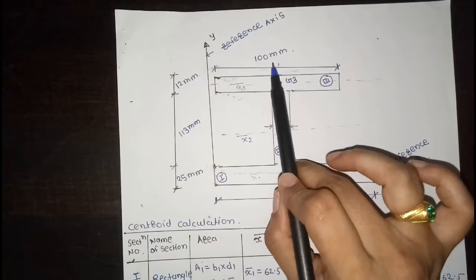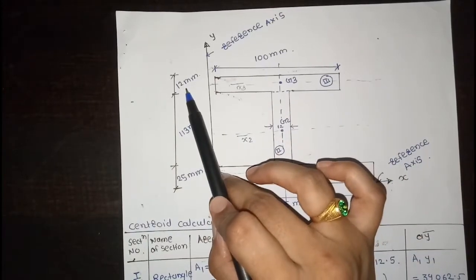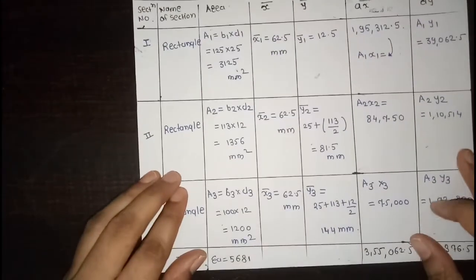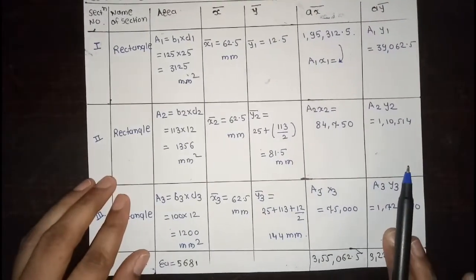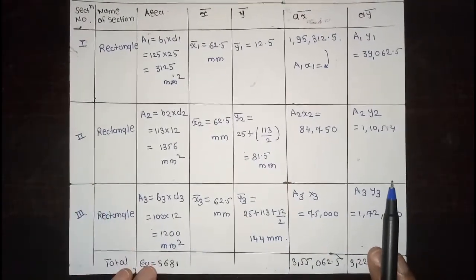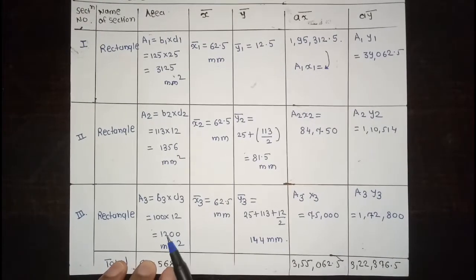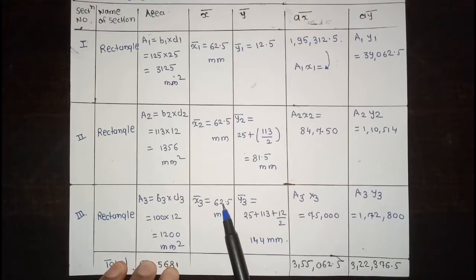So what is the value of b3? 100 and d3 12. So 100 into 12, then we get 1200. x3 bar same value 62.5 mm.